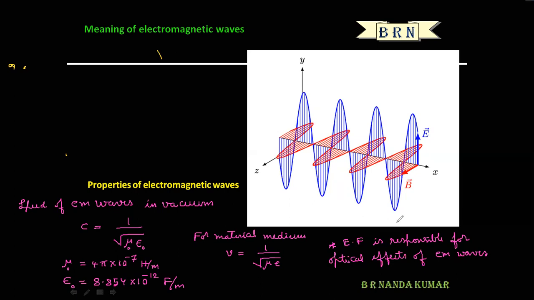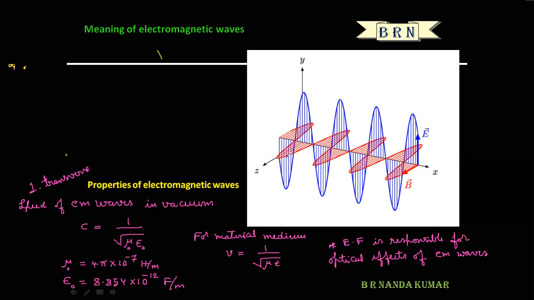What is the first property of electromagnetic waves? Electromagnetic waves are transverse in nature, because the particles within the medium vibrate perpendicular to the direction of wave propagation.